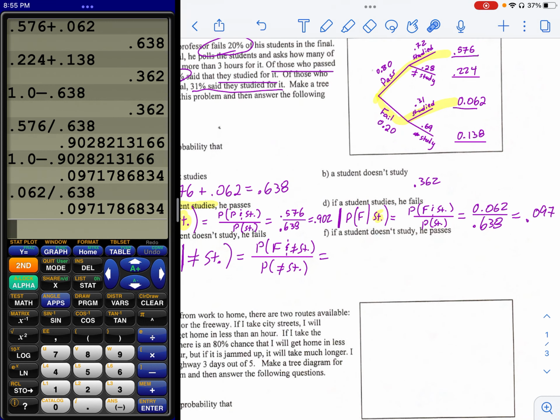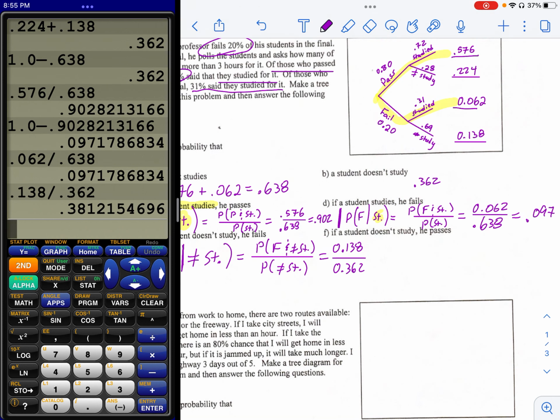The numerator we have in the tree diagram, failing and not studying. That's this route. Failing, not studying is happening 0.138 as a probability, over the probability of not studying, which we have right here, 0.362. And let's see what we get.